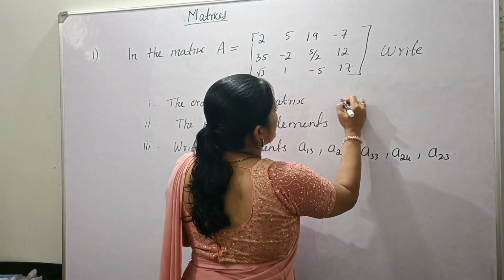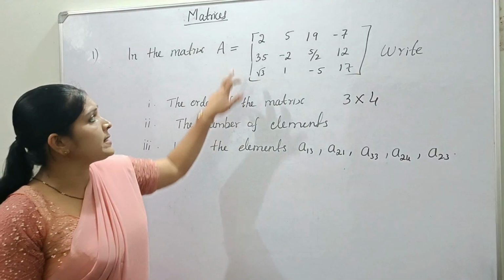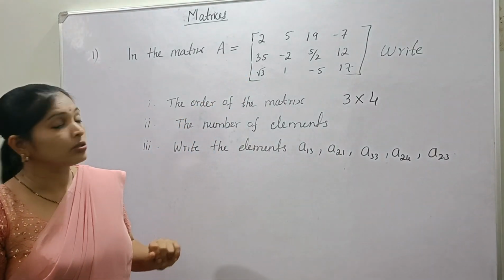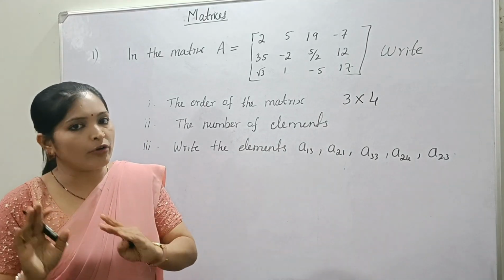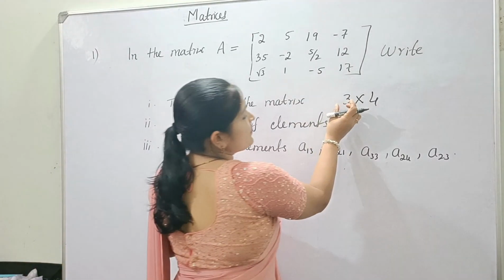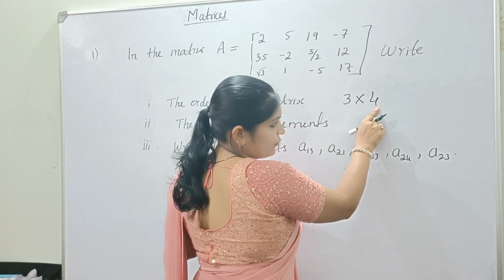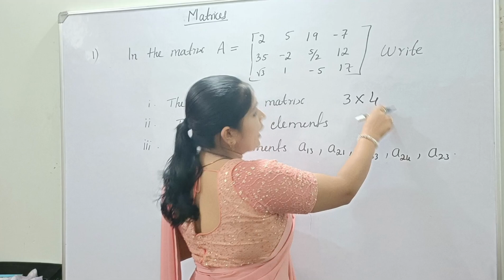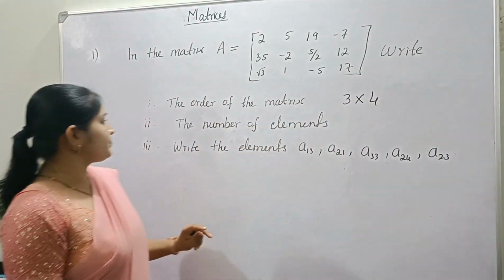First number represents the number of rows, so rows come first. So 3 by 4, 3 rows and 4 columns.